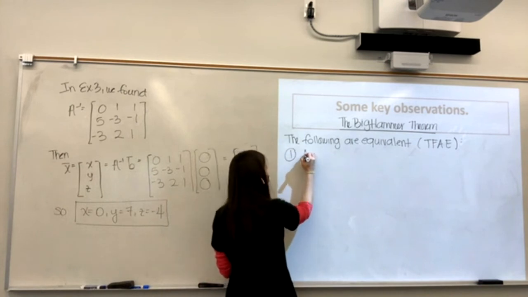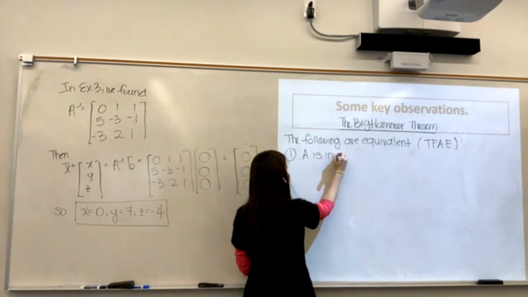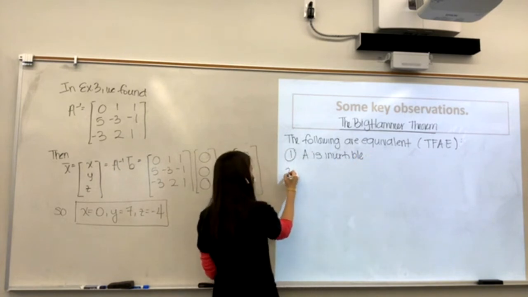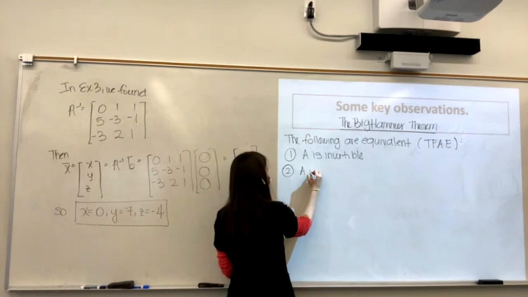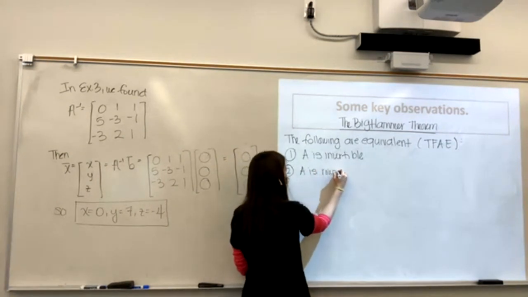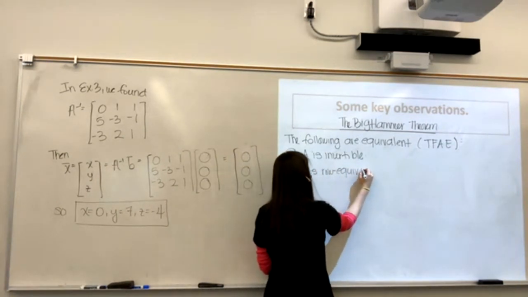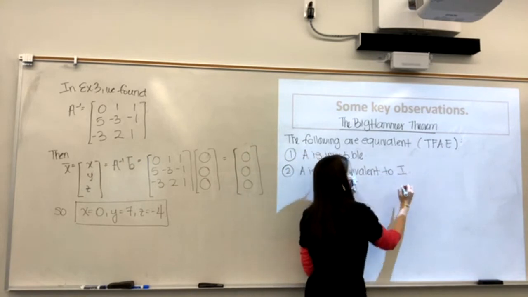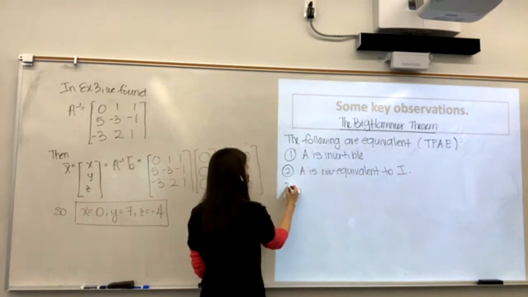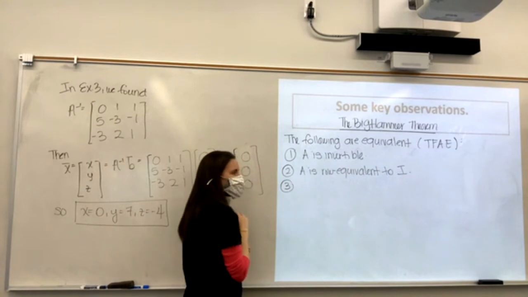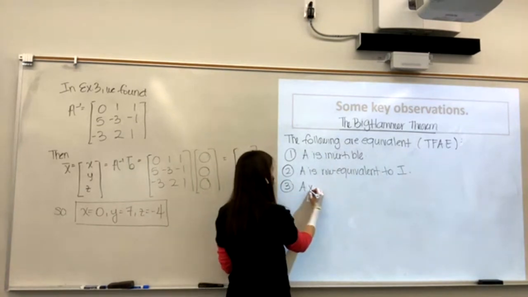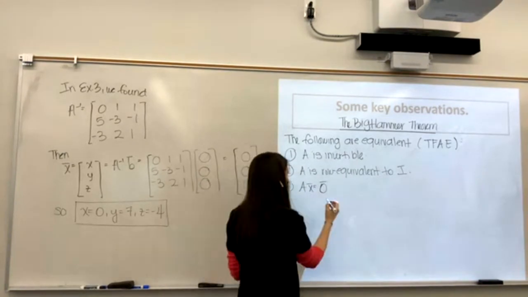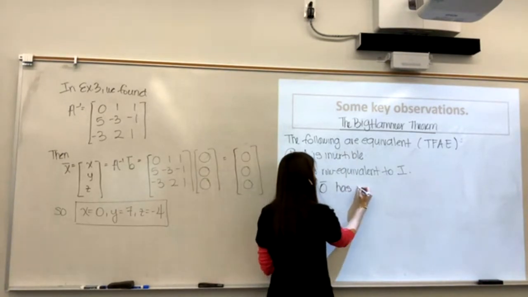Number 1, A is invertible. Number 2, A is row equivalent to the identity. Number 3, AX equals 0, the homogeneous system has only the trivial solution.